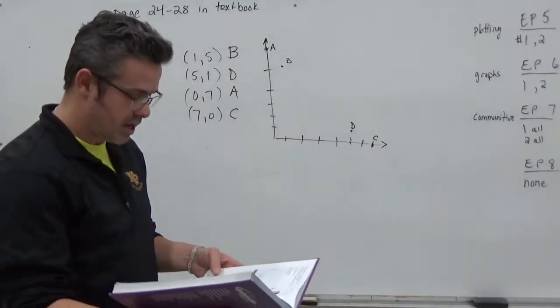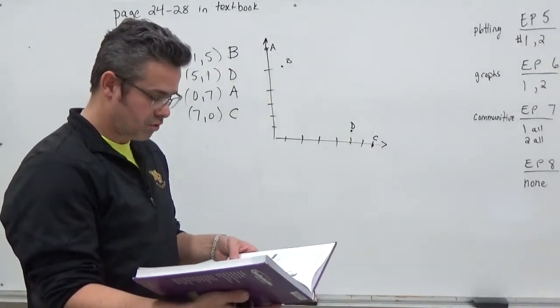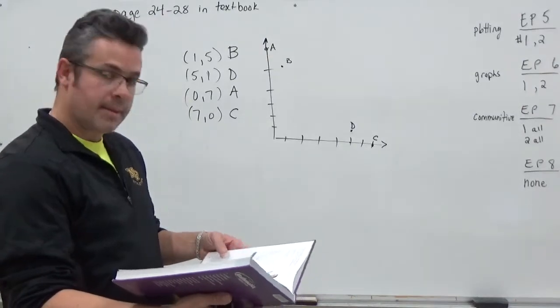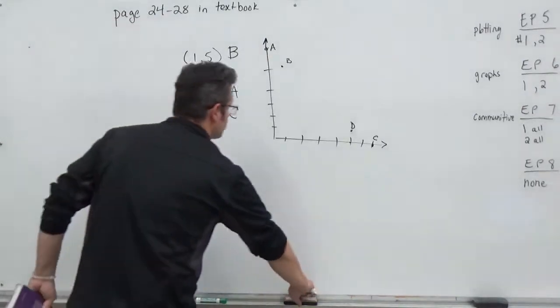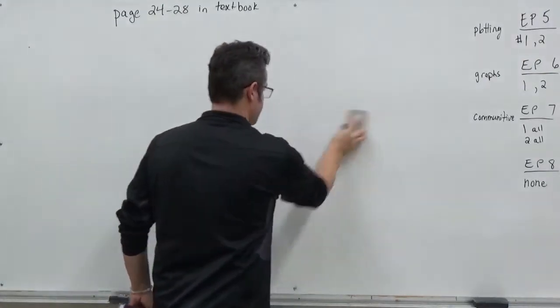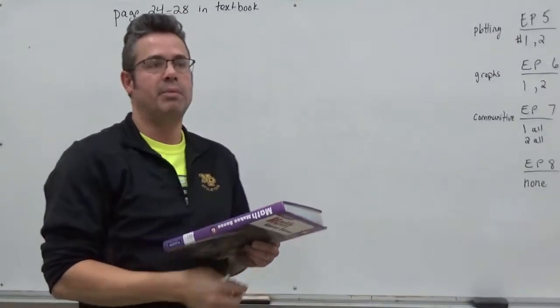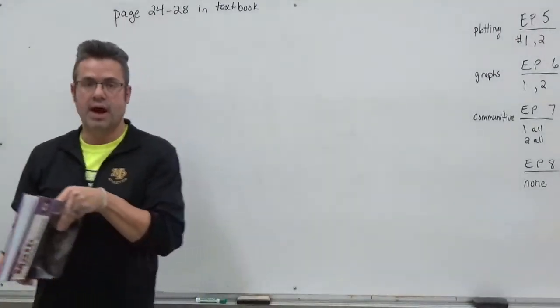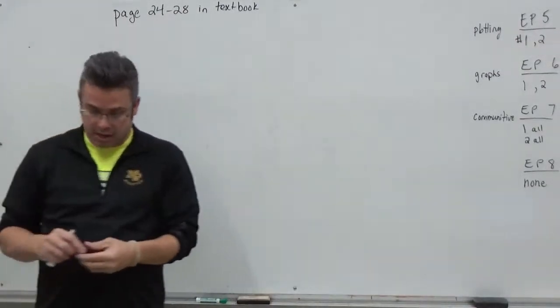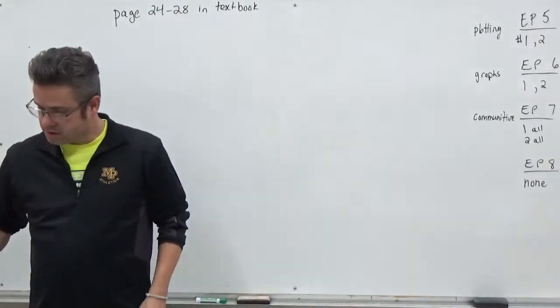It says, draw and label a coordinate grid. Plot each ordered pair. So let's give that a try. Now, one thing you're going to ask is, how do I know how big to make my 2 axes? Well, that's based on the question, and you look at the ordered pairs.